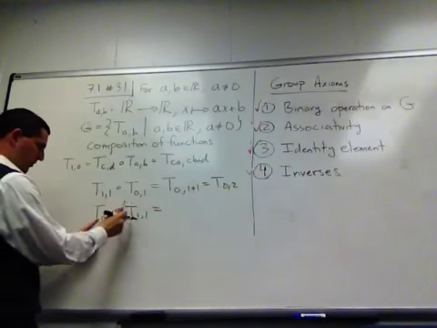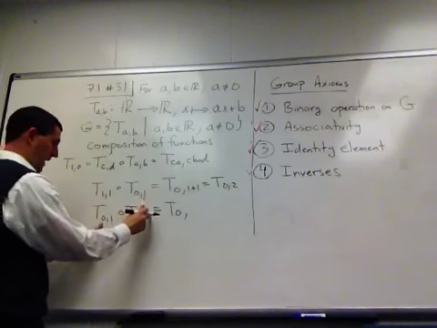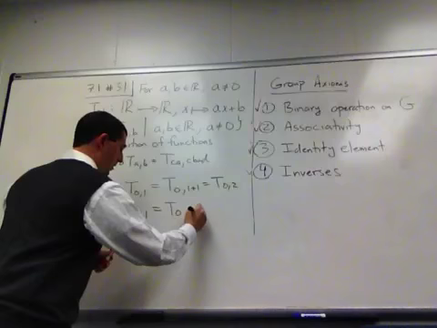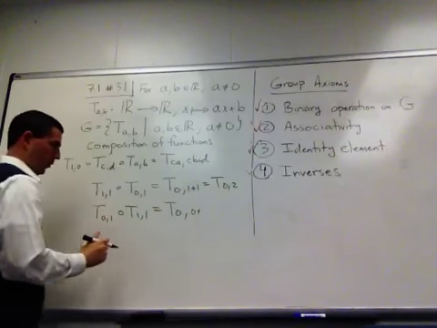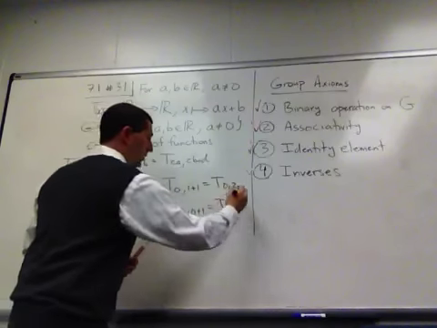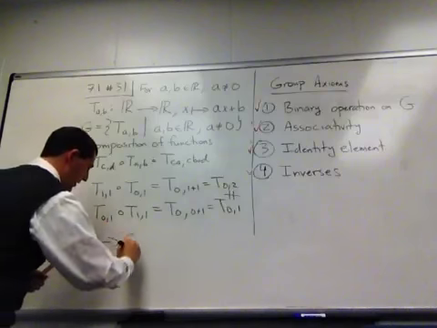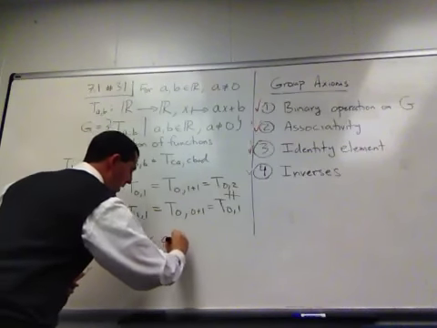Again, I multiply the first two, and that's 0. Then I do the first times the last, that's 0, plus the second over here, that's 1. And so I get t sub 0, 1. And these are not equal to each other. So this implies G is a non-abelian group.